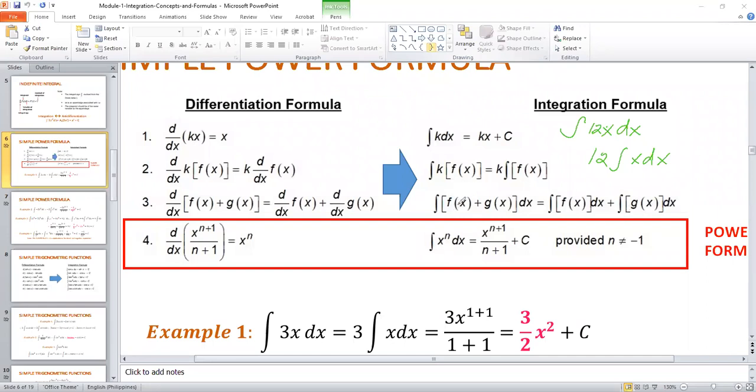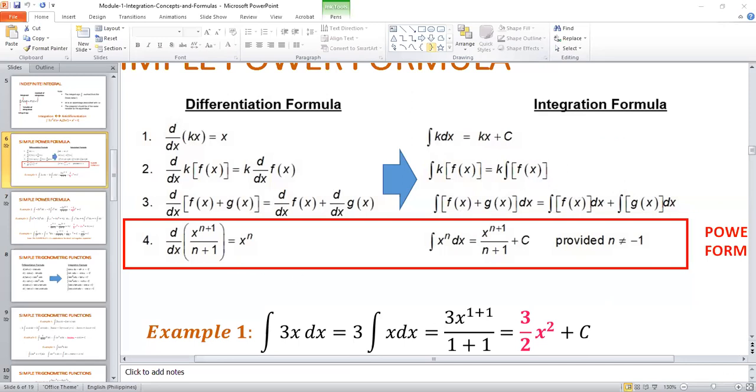Like in this case, you have two terms here to be integrated. What you do, you integrate the first term and add to it the integral of the second term. So you process it piece by piece, just like what you do in differentiation. Isn't it that you also differentiate it piece by piece if you have several terms in your function? So that same applies to integration. Integrate it piece by piece.